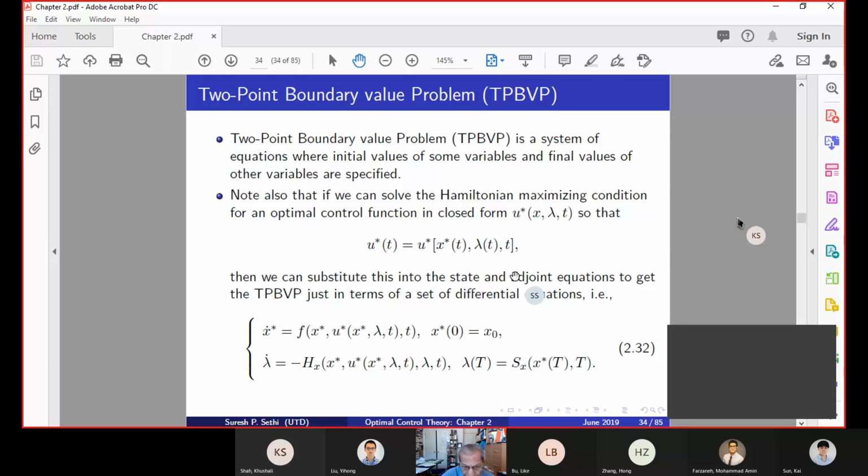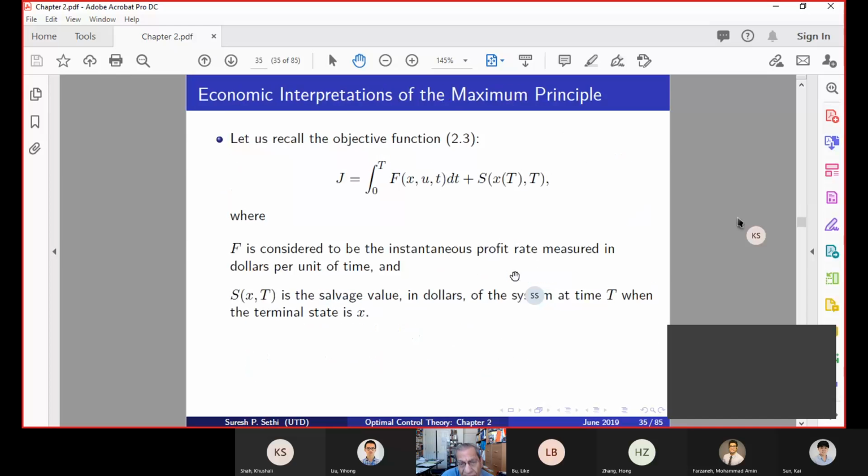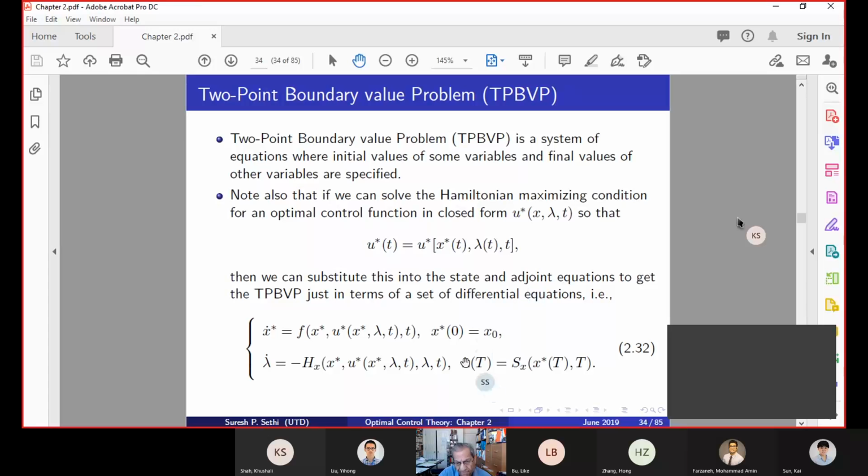Well, there are many ways to solve the equation, but numerically, if you think about it, what are we going to do? I begin with this initial condition because I know that condition. And I'm going to make a guess of lambda 0. So call it lambda 0.